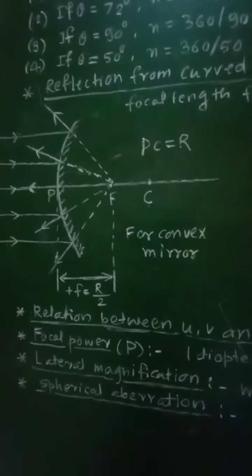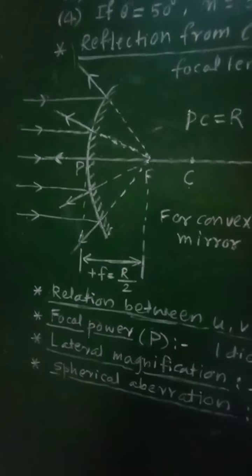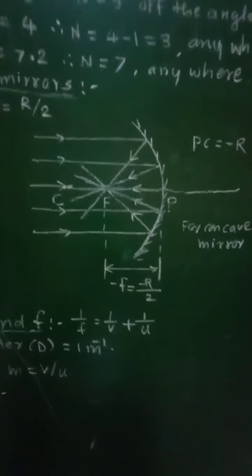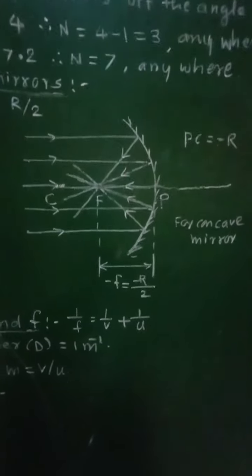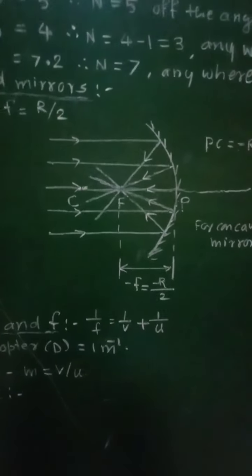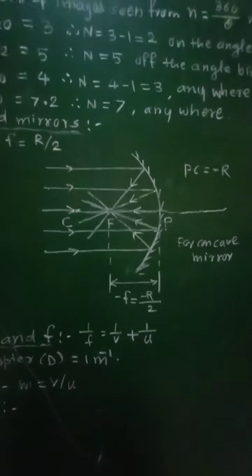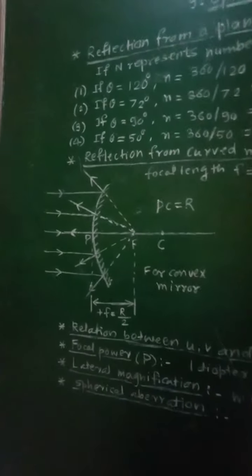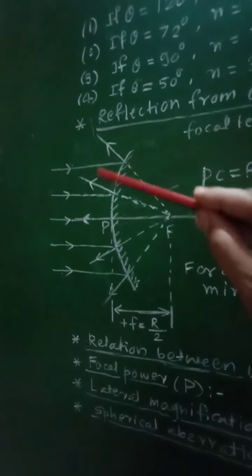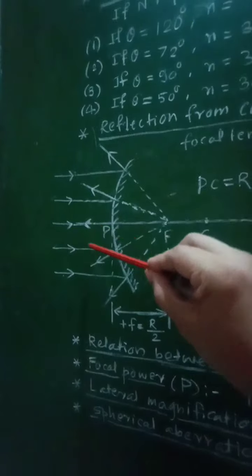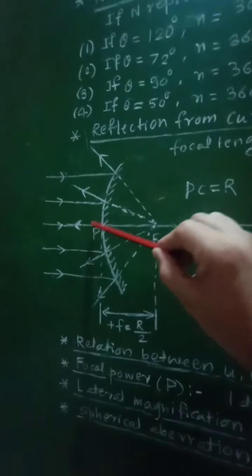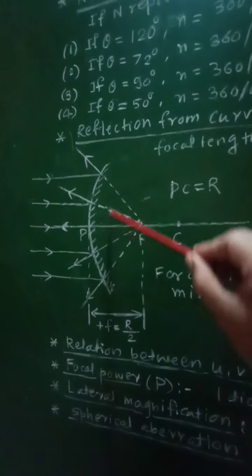So for a convex mirror, the focal length is positive as the radius of curvature is positive, and for a concave mirror the focal length is negative as the radius of curvature is negative. Now if you consider the formation of images in both these cases, then in this case these are the parallel rays of light which form a parallel beam of light which is normally incident on this convex mirror.